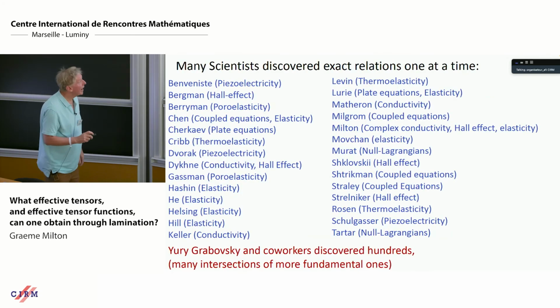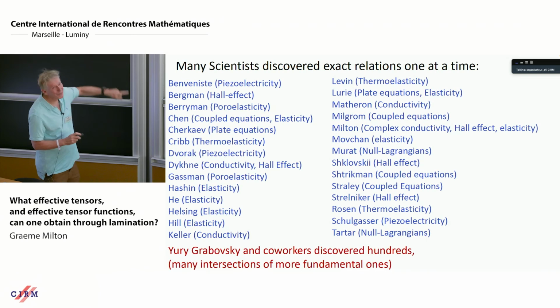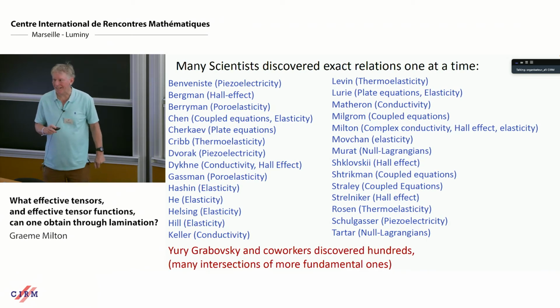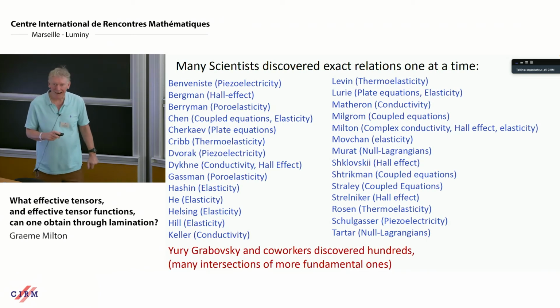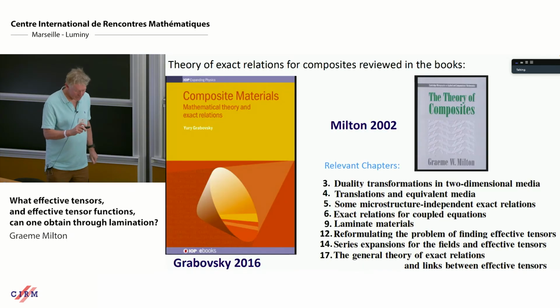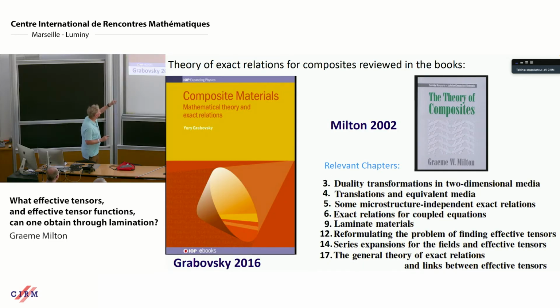And this is a list of, maybe I missed some, all the people that obtained exact relations. And Yuri Grabovsky beat them all because he discovered hundreds. And then Yuri wrote this book that discusses a lot of these.